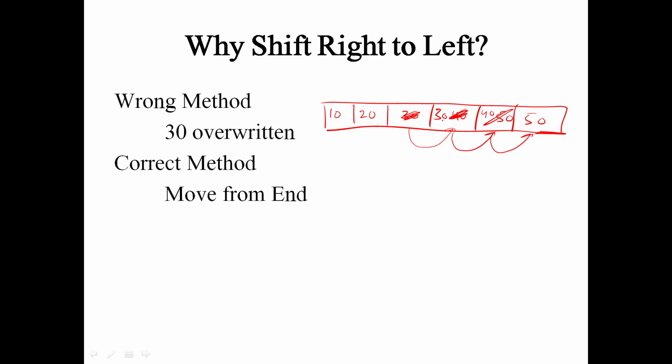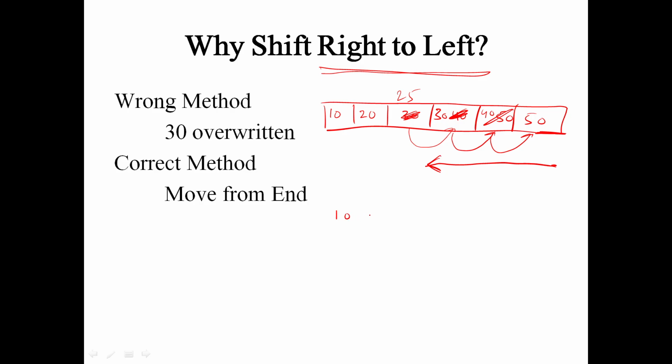There we need to insert 25. So I'm starting from here on the right and going towards the left. So you start from the right and go towards the left. That is the correct order. If you do not follow this order, right to left, then elements will be overwritten.